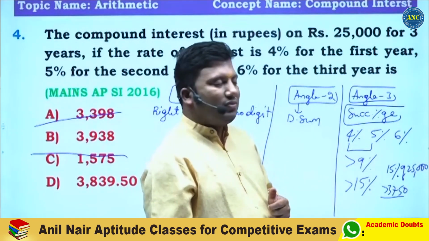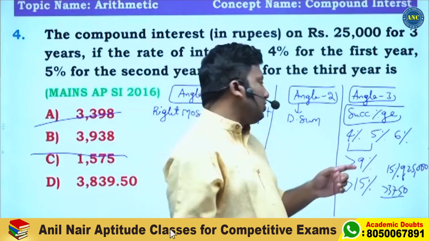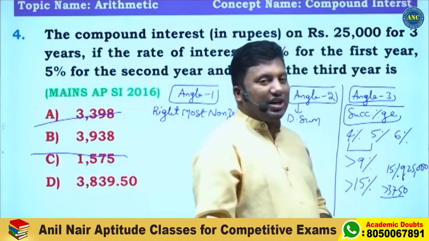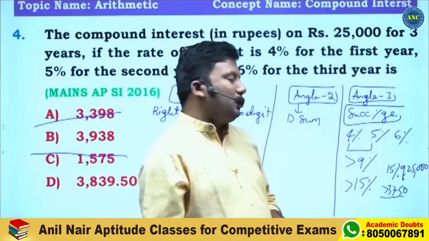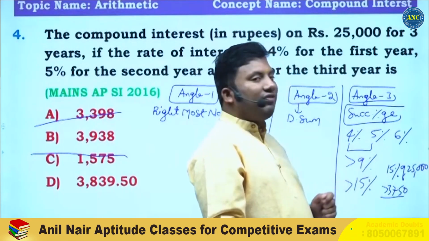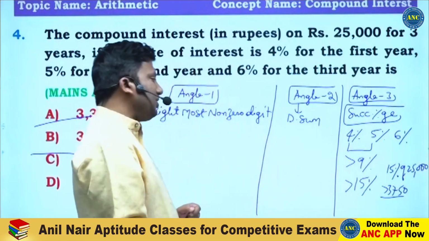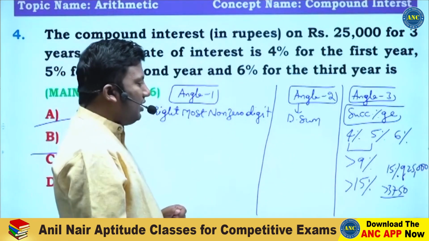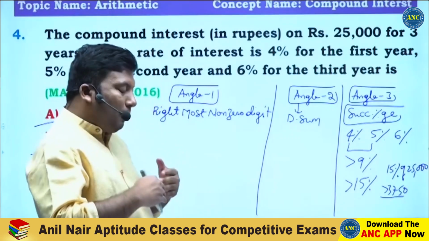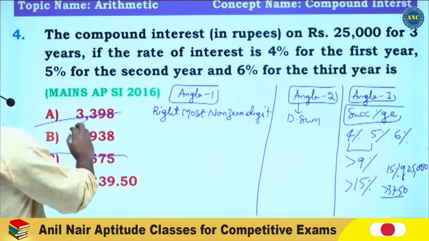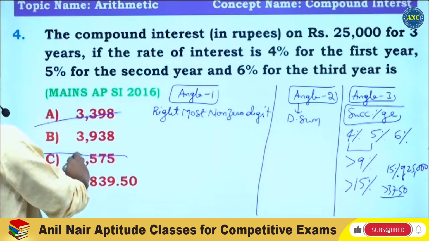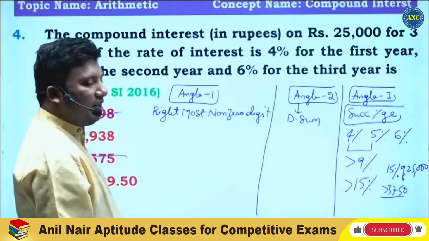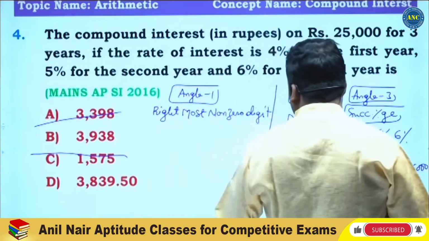You don't need to calculate it. Then 9 and 6: 9 plus 6 plus 9 into 6 by 100 is greater than 15%. 15% of 25,000 is 3750, so compound interest should be greater than 3750. Option A is eliminated, option C is eliminated. With angle 3, 2 options are eliminated.